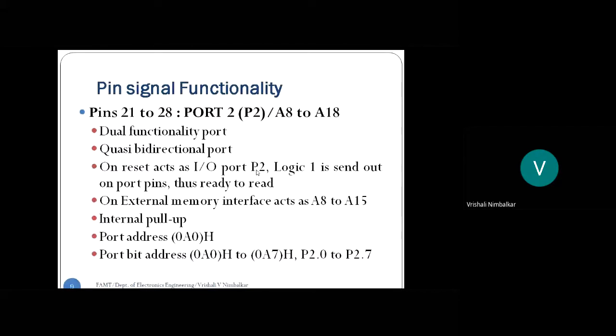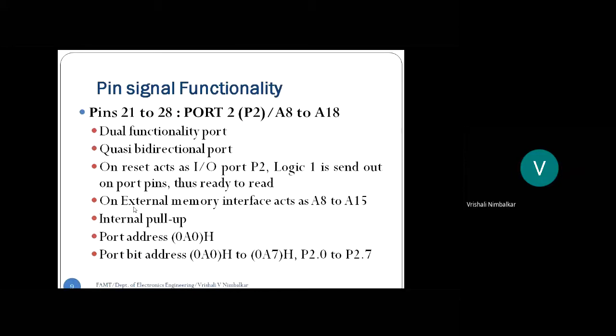So whenever we power on the microcontroller or reset the microcontroller, the default functionality is IO port. P2 behaves as an IO port. Logic 1 appears on all the pins and they are ready to read, meaning initialized as input. Port 2 is initialized as input whenever we reset the microcontroller. Correct? And when does it start functioning as address lines?